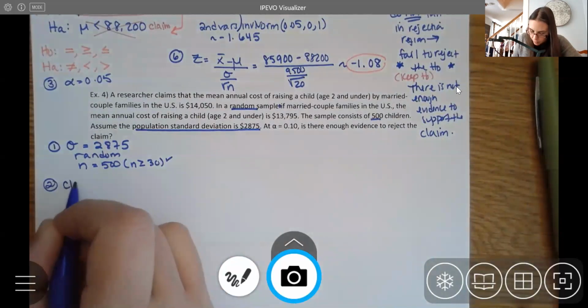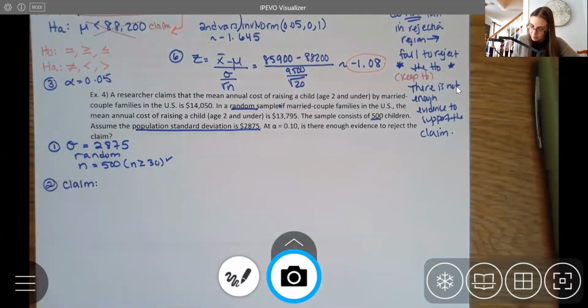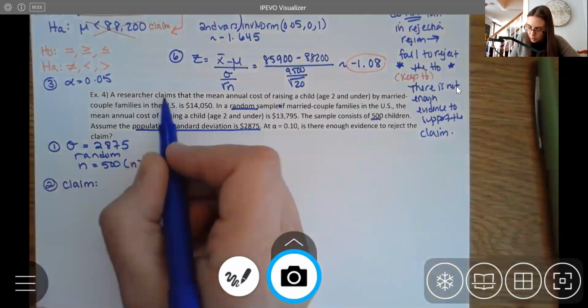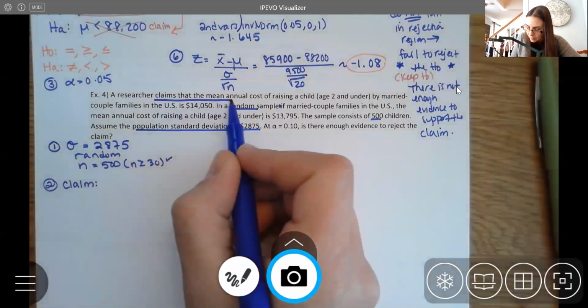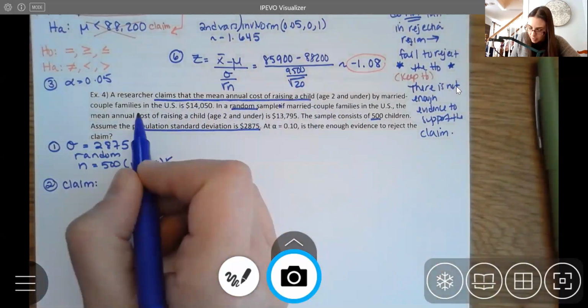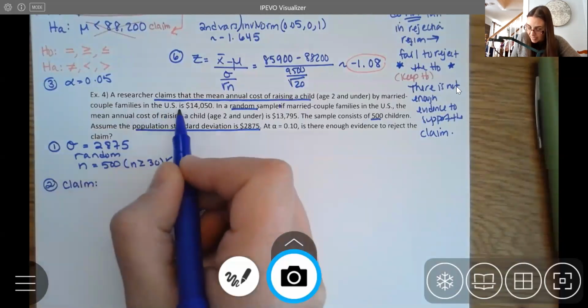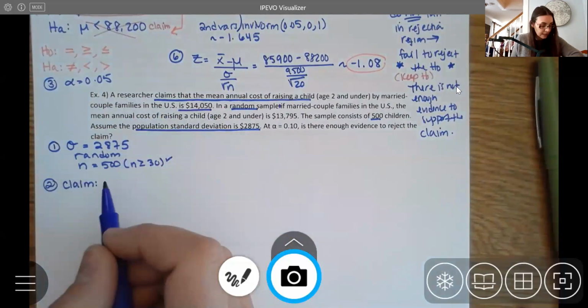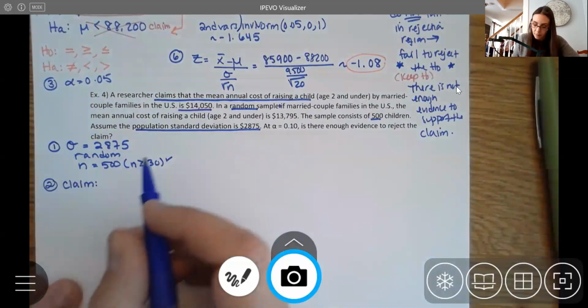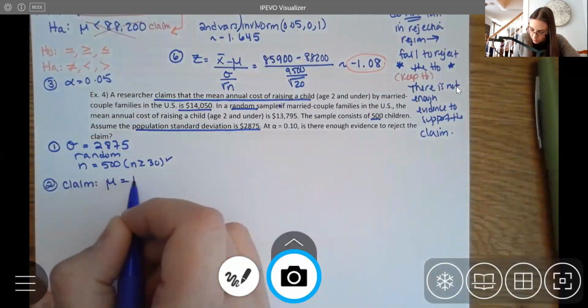So now we have to figure out, okay, what is the claim that we're talking about here? So a researcher claims that the mean annual cost of raising a child by married couple families is $14,050. So our claim here is that the mean is $14,050.